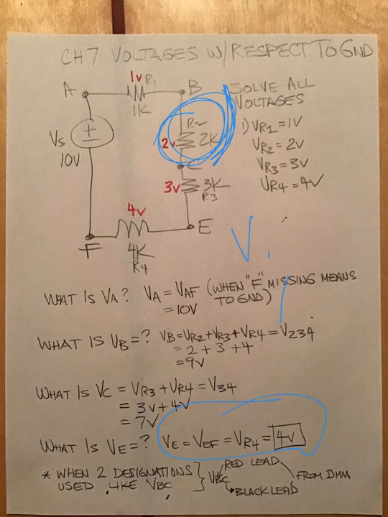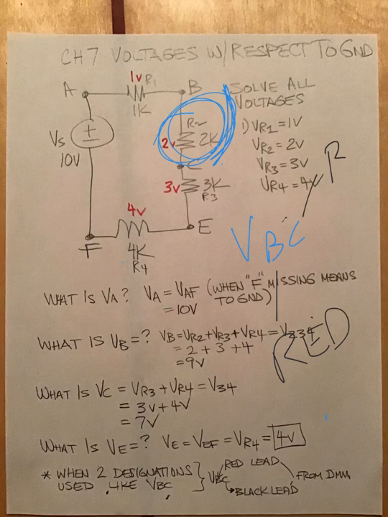Now, VBC has 2 designators, and so if you were trying to measure it in the lab, the red lead would go here to B, and the black lead would go to C. Again, if you're only given one terminal, that's the red.